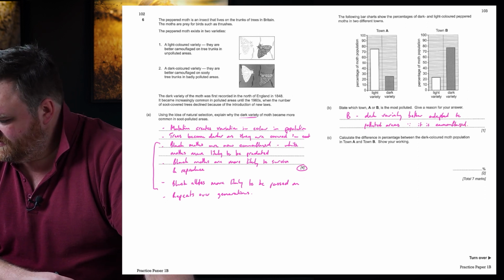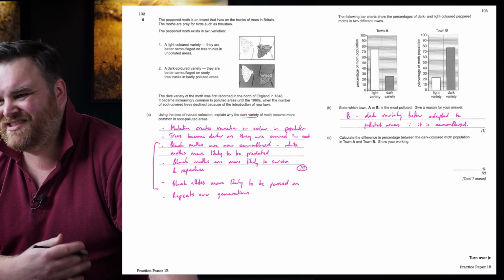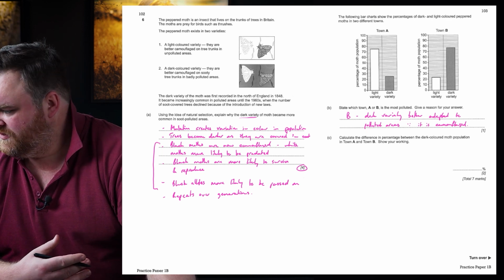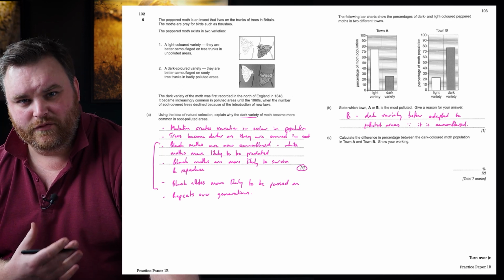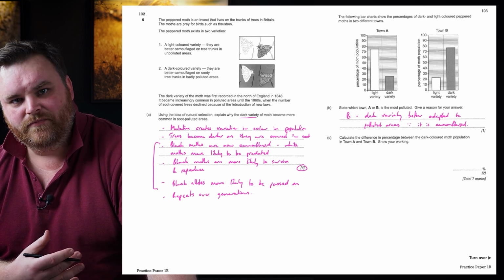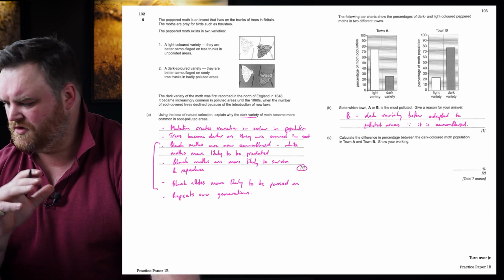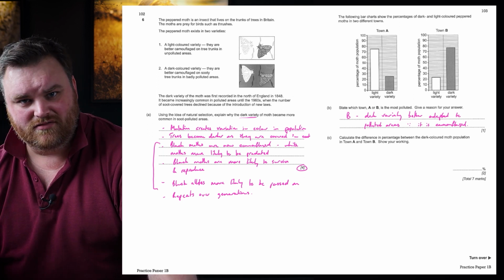Okay, part C, bit of maths. Calculate the difference in percentage between the dark coloured moth population in town A, town B. Show your working. Okay, difference in percentage. This would be easily confused with the percentage difference. Because this is percentage data, the percentage of a percentage just gets a little bit kind of meta. So actually what we're looking at here is just a straightforward subtraction.